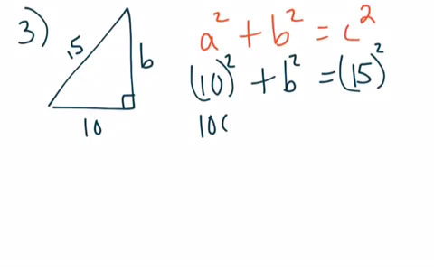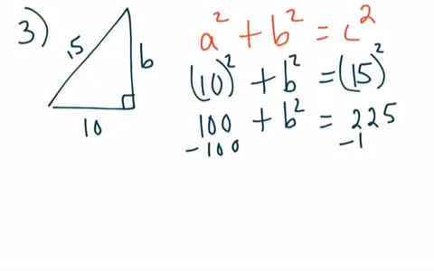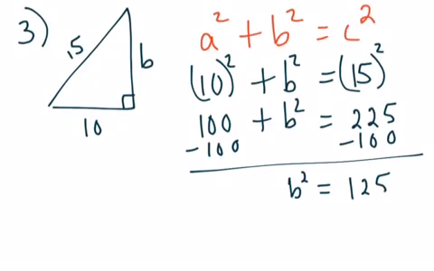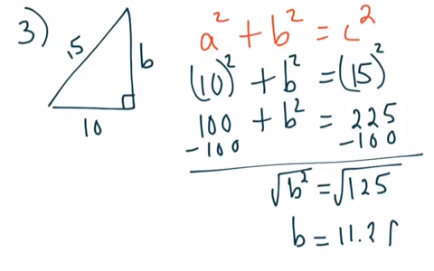So that's 100 plus b squared equals 225. Subtract 100 from both sides, and b squared equals 125. To undo the square, we have to do the square root of both sides. So b equals 11.2 feet when rounded to the nearest tenth.